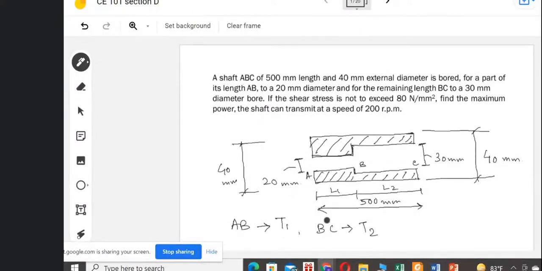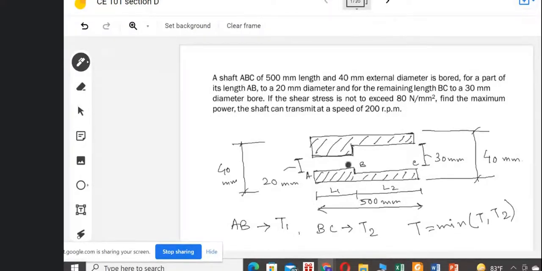So whenever we are doing a design problem, we always need to go with the lowest value of the application of the load. So the final T will be the minimum of T1, T2. Whichever is minimum, we will use that as the torque or the strength of this entire shaft.